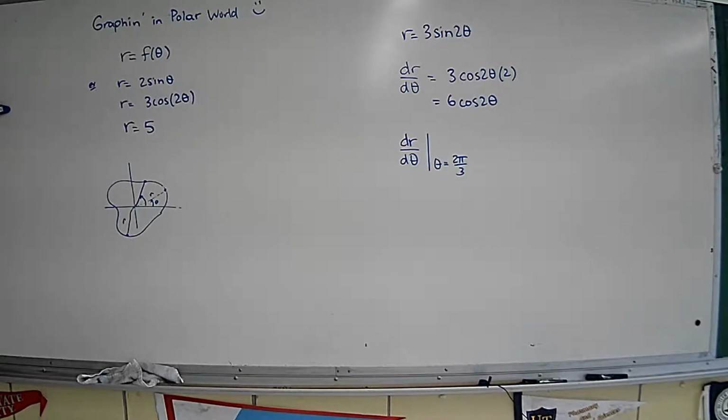So when I'm at 2 pi over 3, okay, we're there. At that moment, is r increasing or decreasing? So it's decreasing, you're telling me it's getting more negative. What? Oh. R is getting more negative?